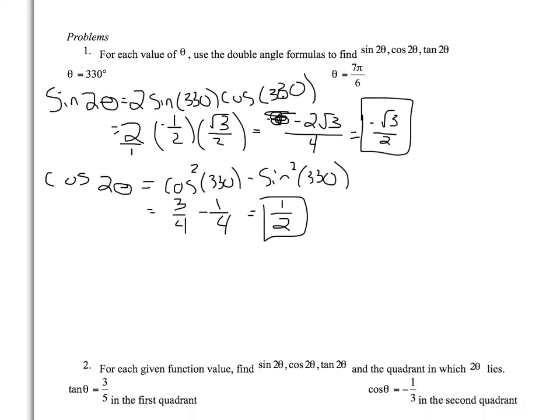Now let's do our tangent one. Tan 2 theta, we're back to only one option. It's going to be 2 tan 330 over 1 minus tan squared 330.